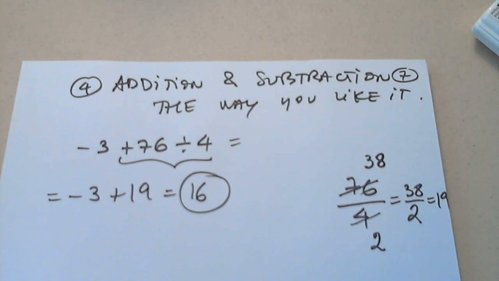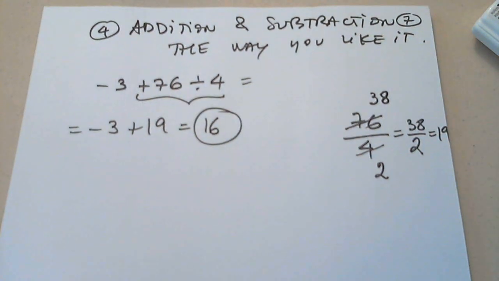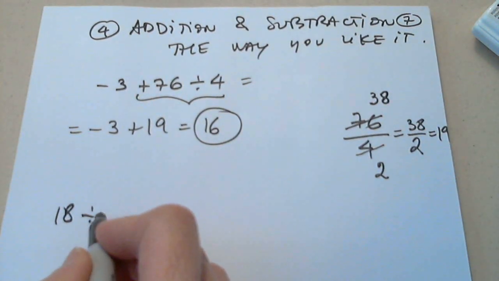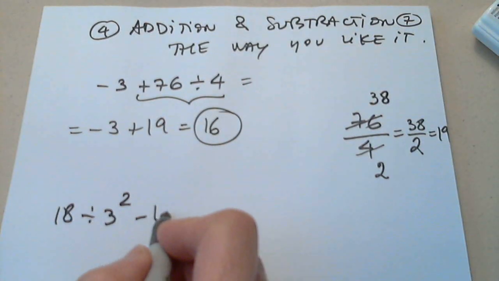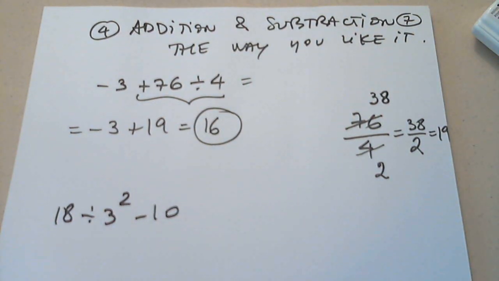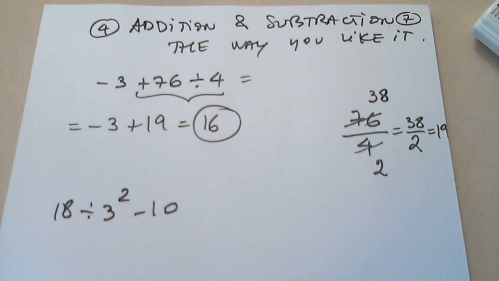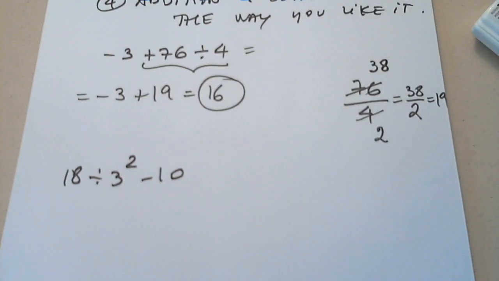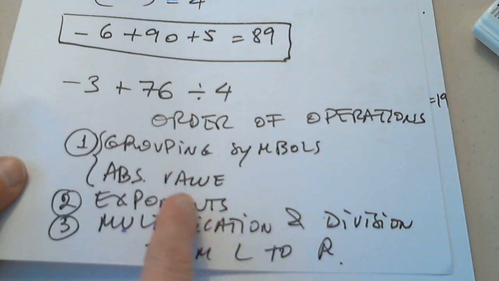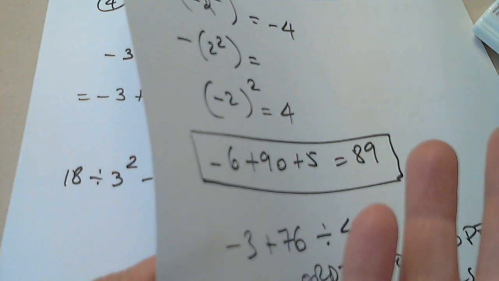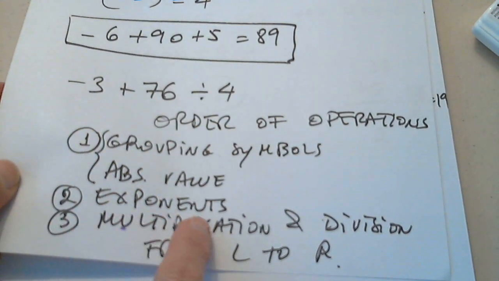So let's look at 14. In 14, we have 18 divided by 3 squared minus 10. Perfect. Remember what we just said. First, we worry about grouping symbols and absolute value. None. Then, exponents.